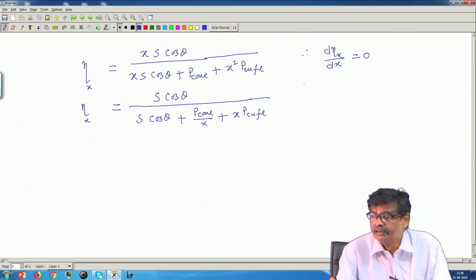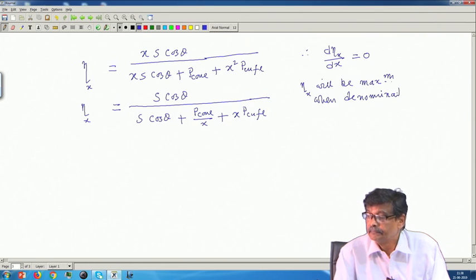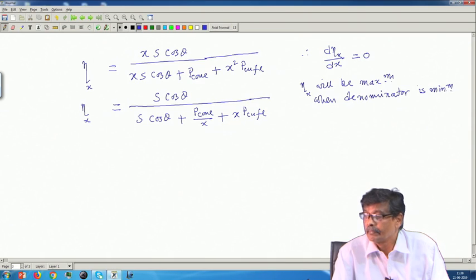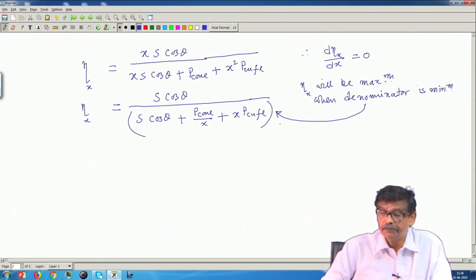Then I will say eta x will be maximum when denominator is minimum. Denominator means this factor, this is my denominator now, when this fellow is minimum.